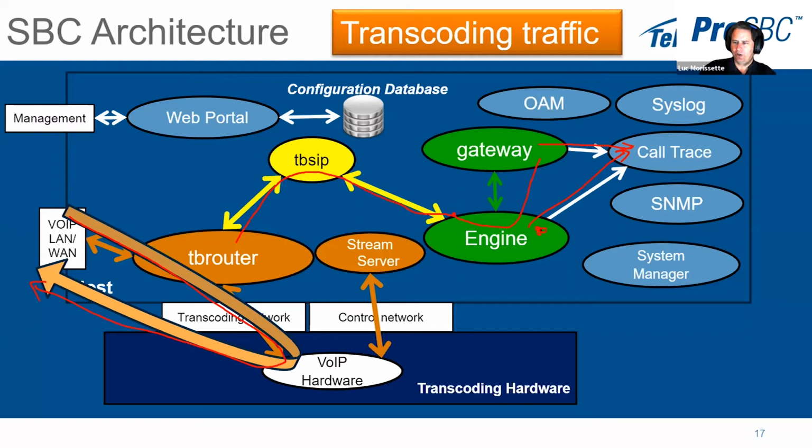Engine will know about this and push it in the call trace. At the end of the call you will see the MOS of this call, how many packets were lost, and a lot of other statistics. So you don't see the RTP traffic, but you see the report of the quality of this particular call.